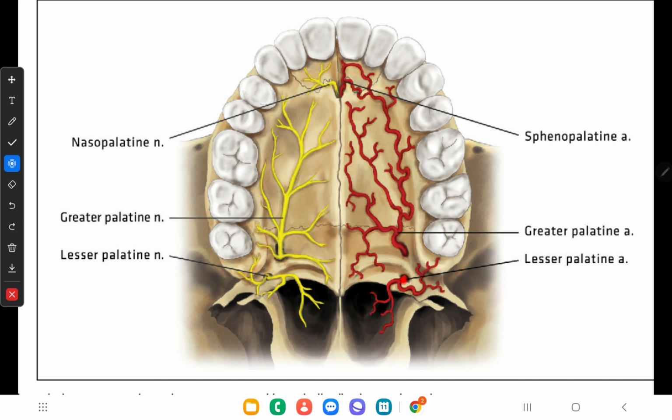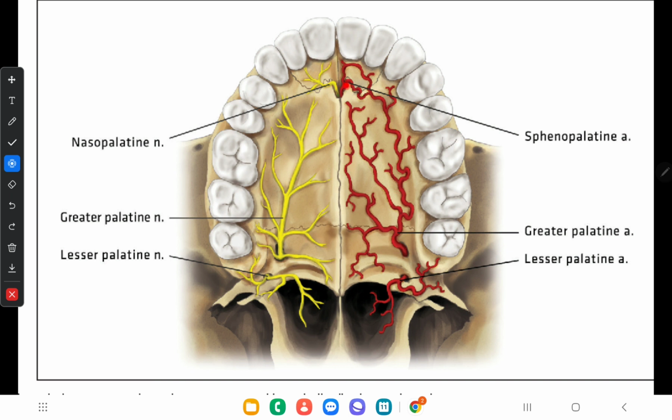Greater palatine artery descends in the greater palatine canal and it enters the oral cavity through the greater palatine foramen. You can see it entering the oral cavity through the greater palatine foramen. Then it travels anteriorly on the surface of the hard palate to reach the incisive foramen.